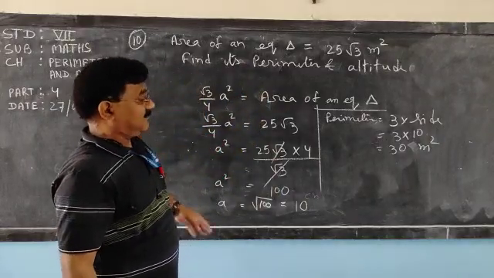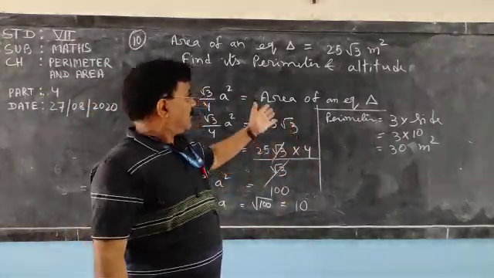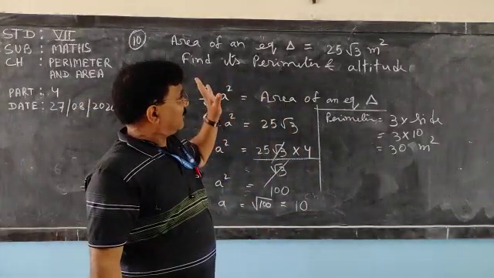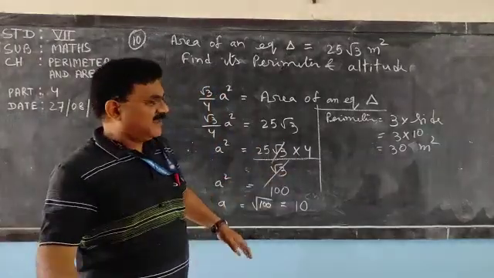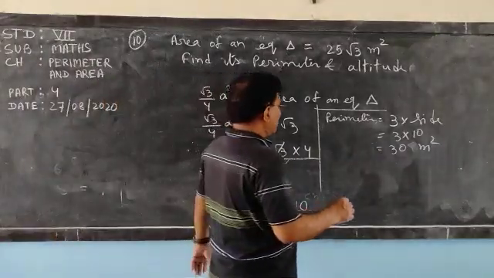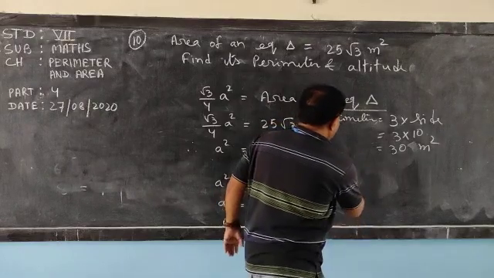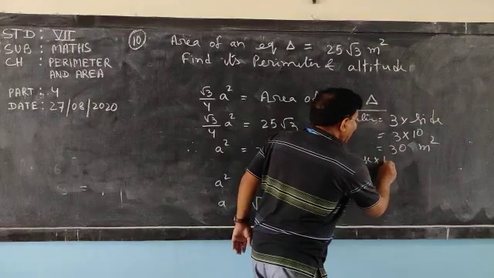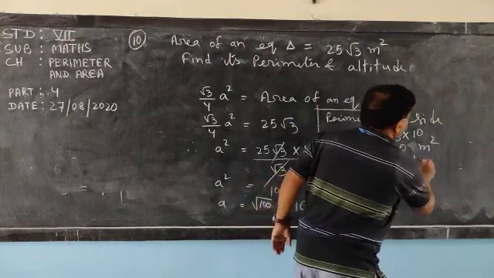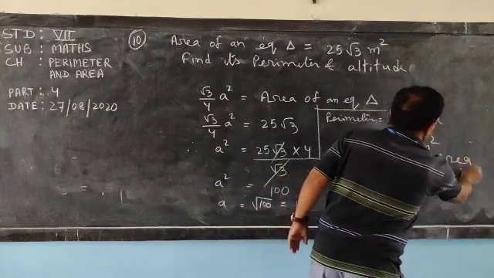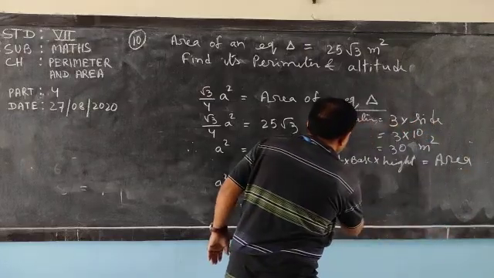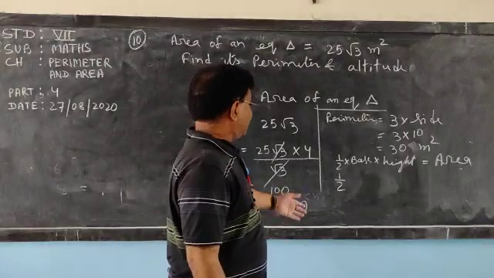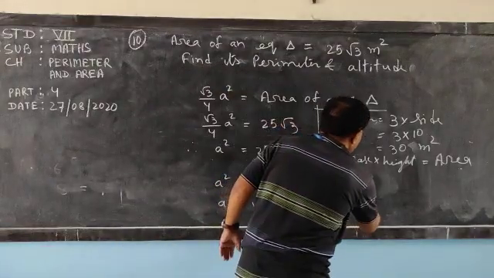Find its height. All the three sides are 10 centimeter. Area we are knowing, and height is asked. Use the other formula: half into base into height is equal to area. Half, base, all sides are equal and that is 10 centimeter.